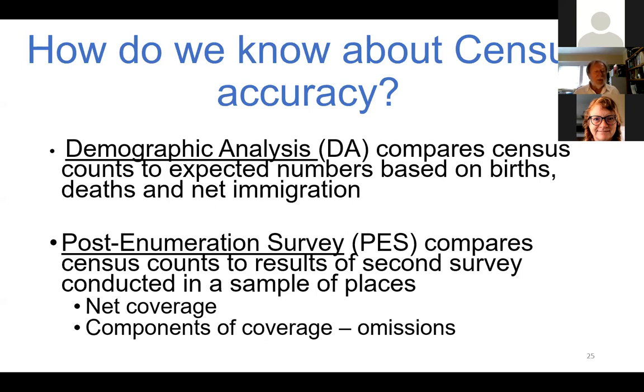That method compares the census counts to the results of a second survey conducted very soon after the census in a sample of places. The post-enumeration survey is particularly important, not only because it provides net coverage like DA does, but it also provides components of coverage, in particular omissions. It's the only source where we can get data on omissions. Next slide.